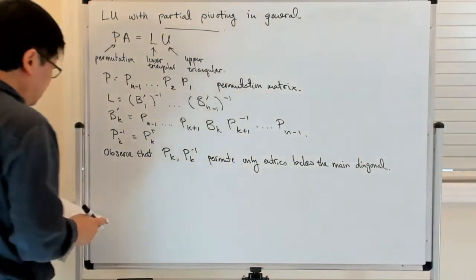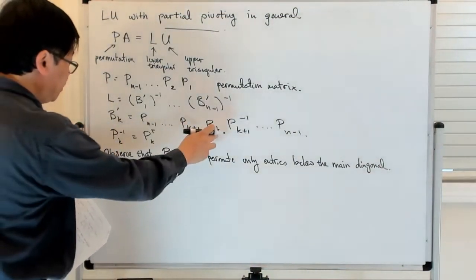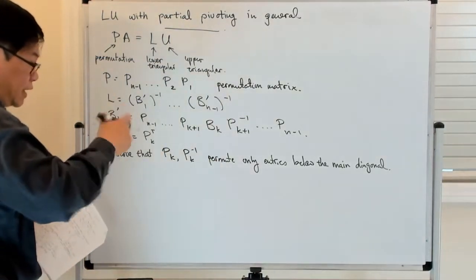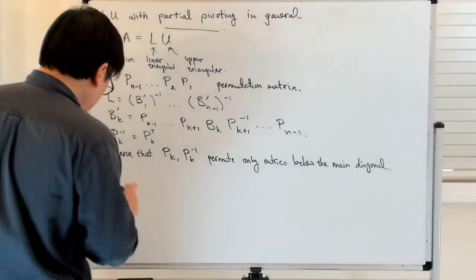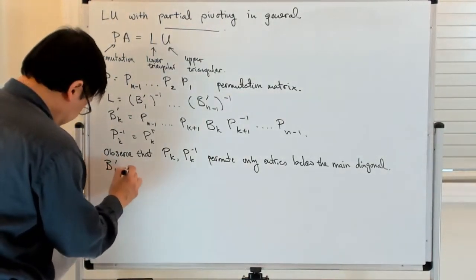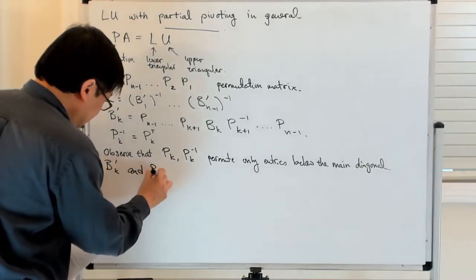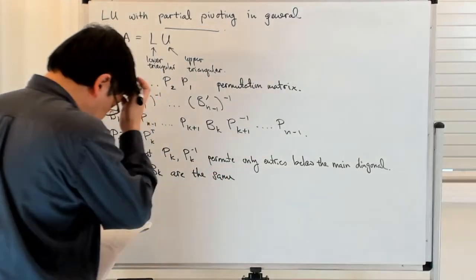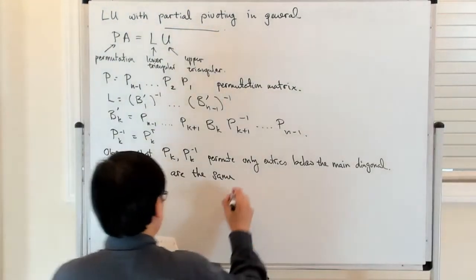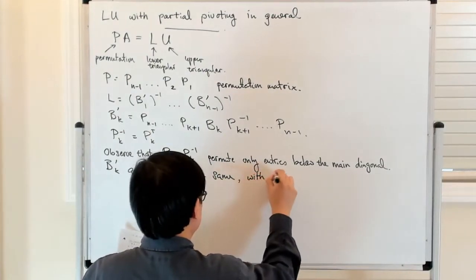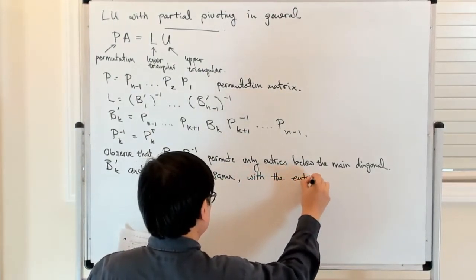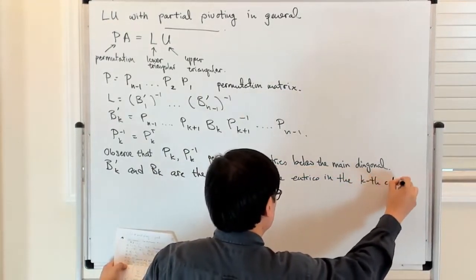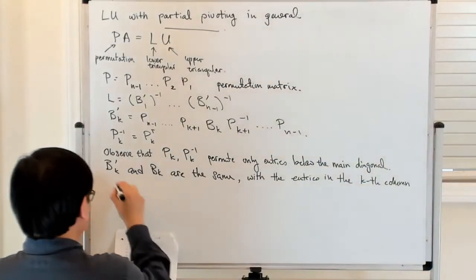In particular, what happens to Bk prime and Bk is that the diagonal 1s stay the same. It's only the entries below the diagonal which get permuted. So Bk prime and Bk are the same, with the entries in the kth column sort of switched.